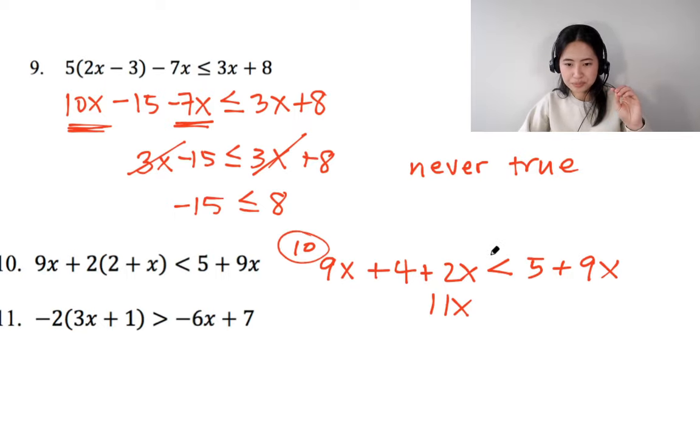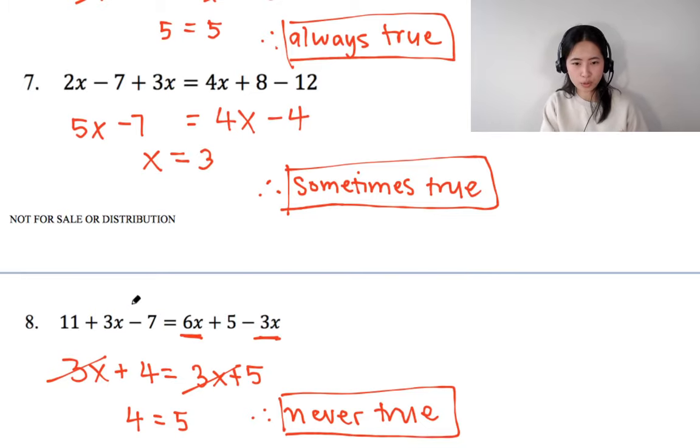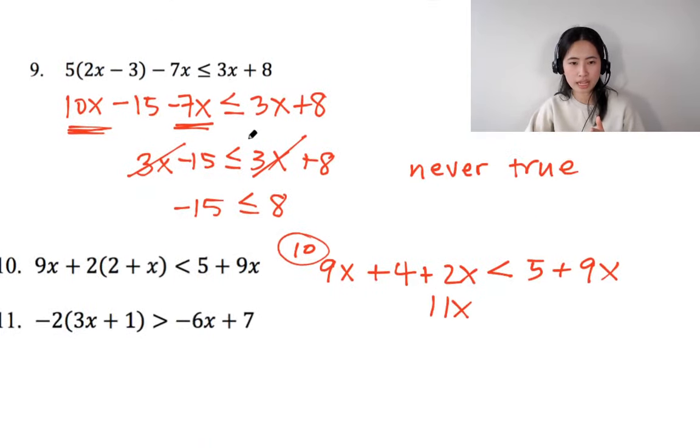If you have a variable, whether it be an equal sign right here, so for number 7, you have a variable and we're saying this is equal to 3. This will be considered sometimes true, because this variable could be 3 sometimes, and it could be any value. But if you look at number 9, they're saying negative 15 is less than or equal to 8.